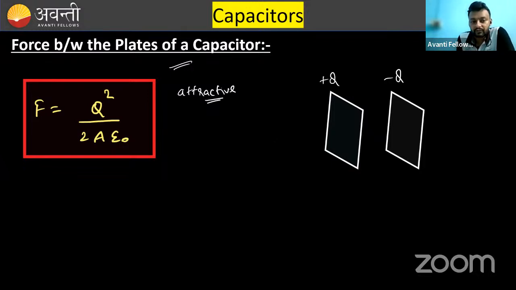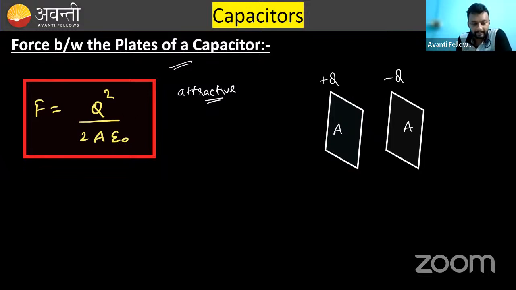Clear? What will be this force? Q square over 2A epsilon naught, where A is the area of the plate. Remember the formula, write it down. They are very useful.